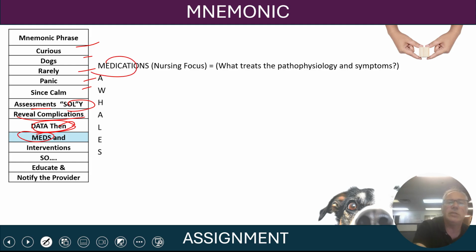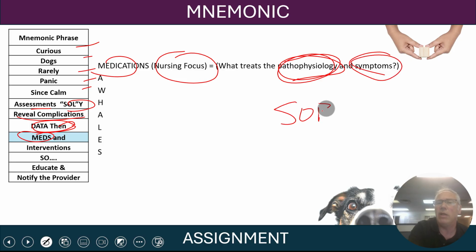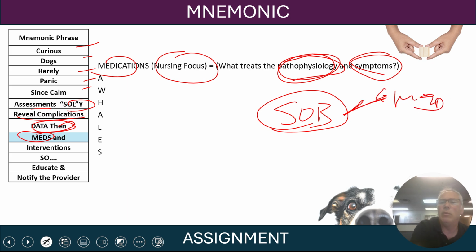Medications are a nursing focus. What treats the pathophysiology or the symptoms? Like if they're short of breath, what's going to treat that? Are certain medications going to treat that? And then we talk about this process of looking at medications, which we'll cover in another lecture, where we look at the medication and break it down into different areas. A is acute or chronic. W means how does it work?